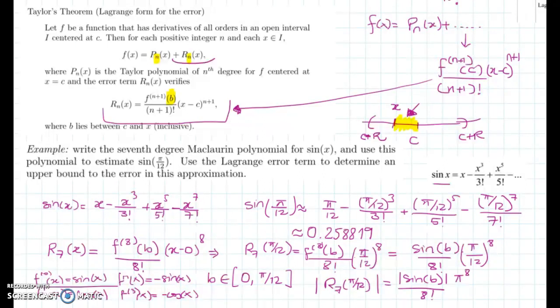Then it's going to be pi to the power of 8 over 12 to the power of 8. But the absolute value of sine of b is less than or equal to 1. So this is going to be less than or equal to pi to the power of 8 over 12 to the power of 8 times 8 factorial. So that's an upper bound for the error of this approximation.